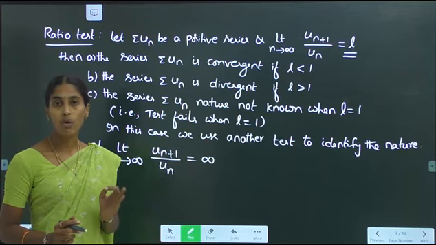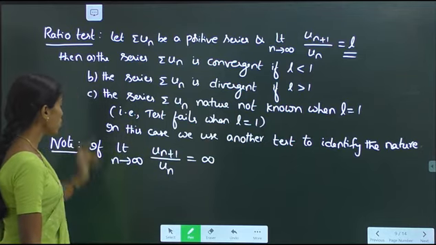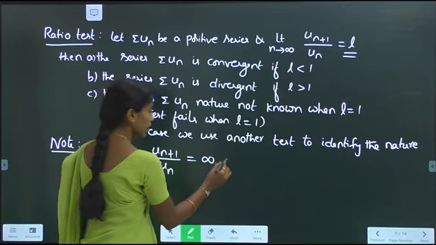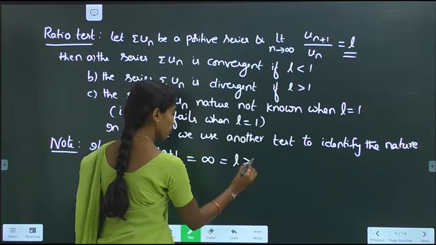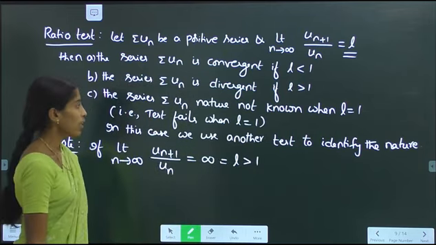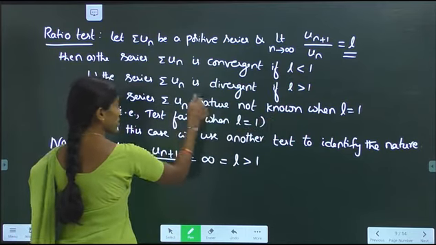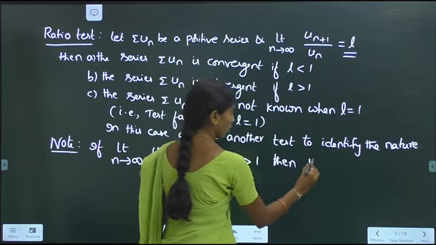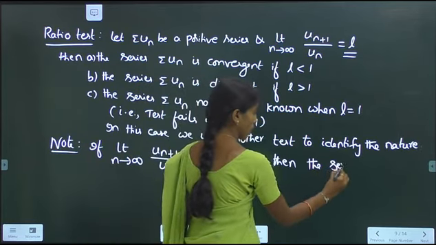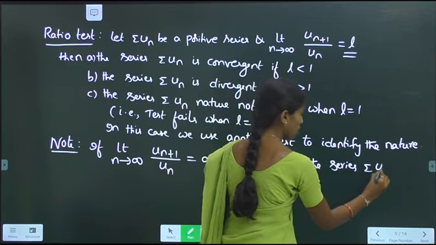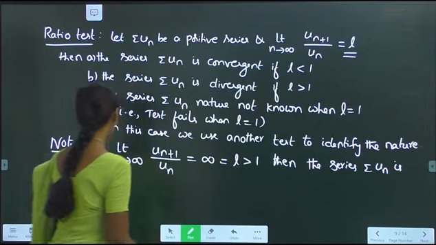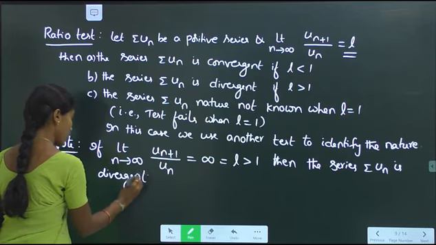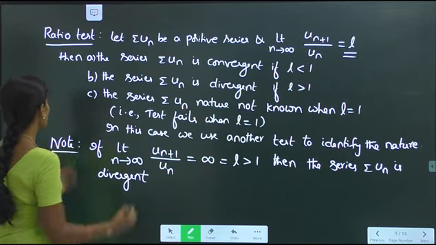It must be a non-zero and finite value. In case of the ratio test, the limit value may be infinity also, right? If the limit value is greater than 1, the series sigma un is divergent, right?